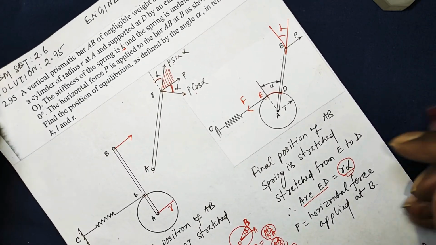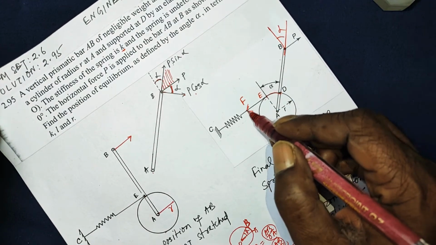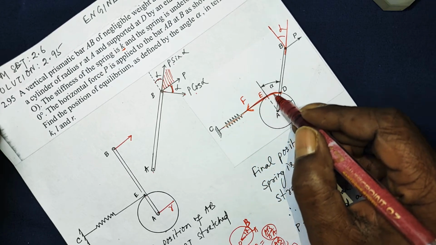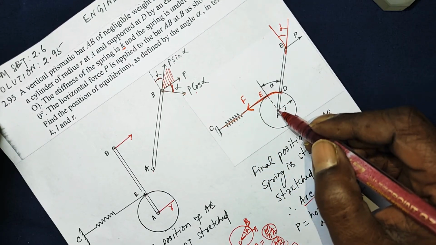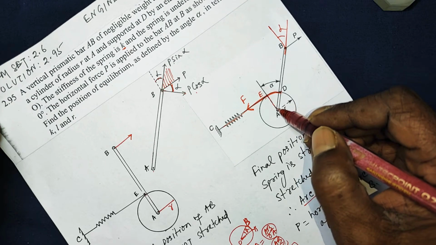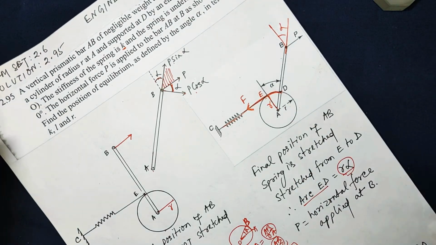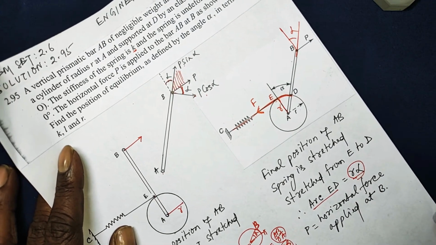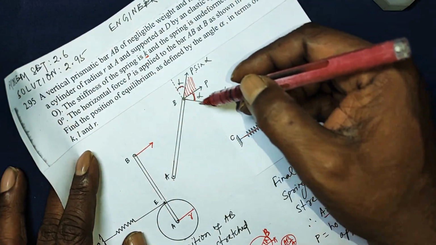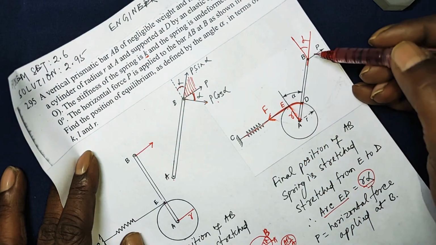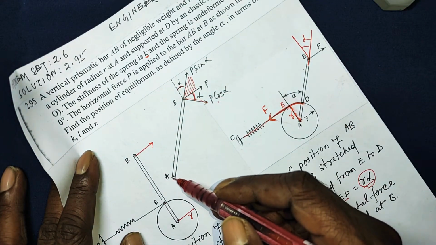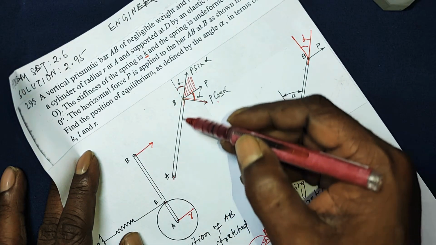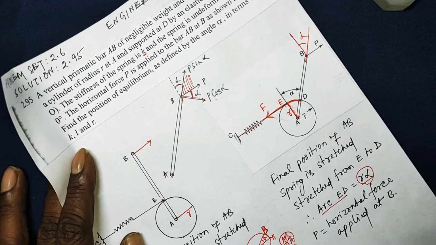Now, if you look at the restoring force, which acts all along the length of the spring, it has a perpendicular distance from A equal to the radius of the cylinder. And P cos alpha from point A has a perpendicular distance, that is from A to B, which is the length of the prismatic bar.